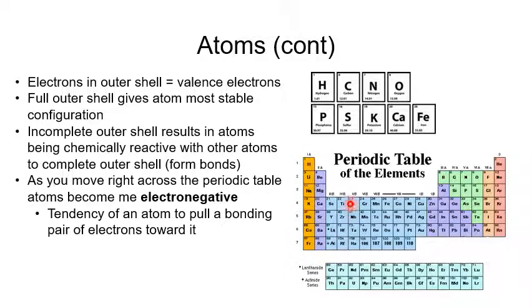Yeah, so atoms on this side of the periodic table tend to want to lose or give away their electrons. Whereas when we come to this side of the periodic table, carbon would have to gain 1, 2, 3, 4 electrons.